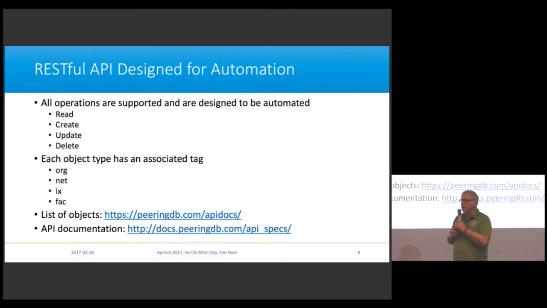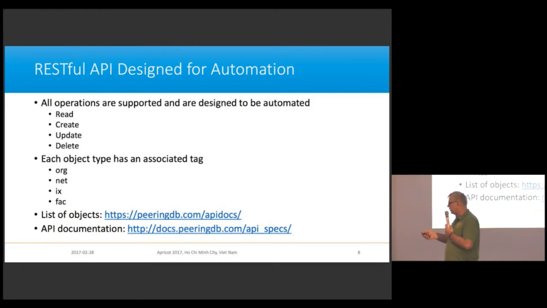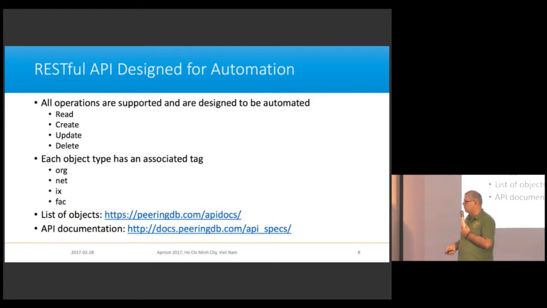I already said that we have an API. The API allows you to read, create, update, or delete records. As said, there are 4 types of records: organization, net, IXs, and facilities, and the complete list of the API is under this URL over there.